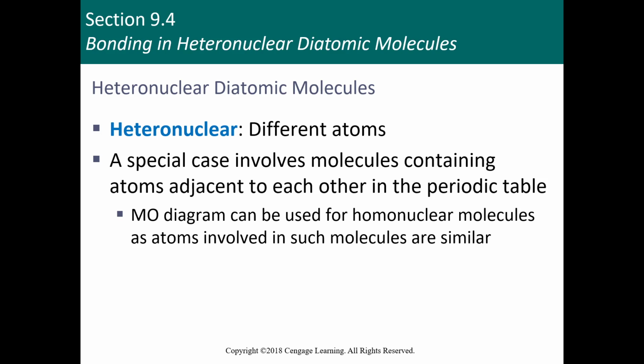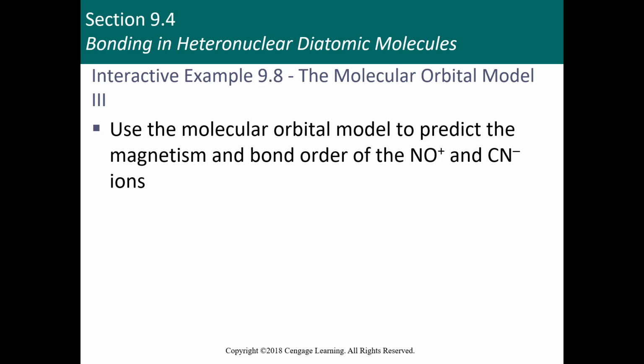In this case, the MO diagram for the homonuclear molecules can be used, as the atoms involved in these molecules are very similar. And so you don't have to really worry too much about the slight difference. Typically, by the way, when you do this, you use the diagram of the atom with the higher electronegativity.